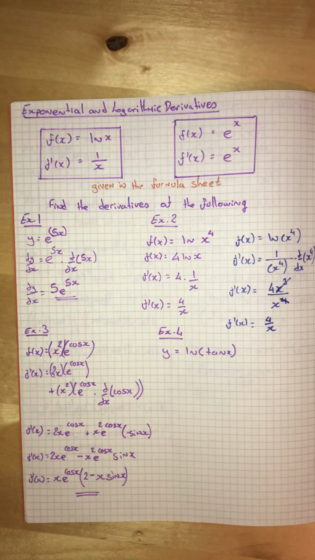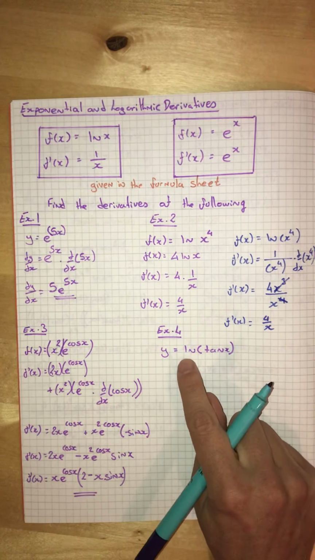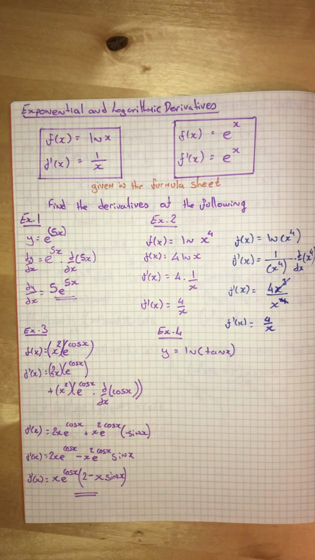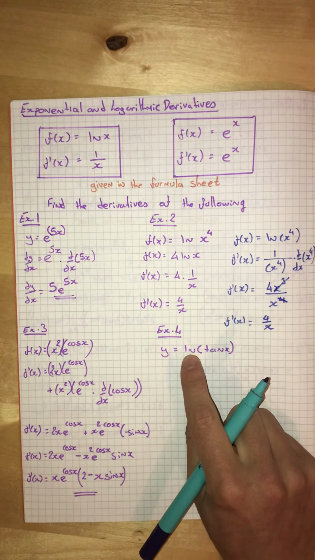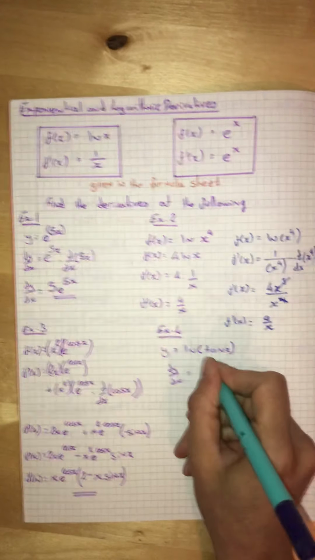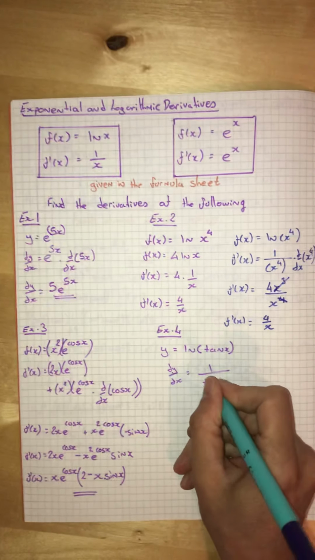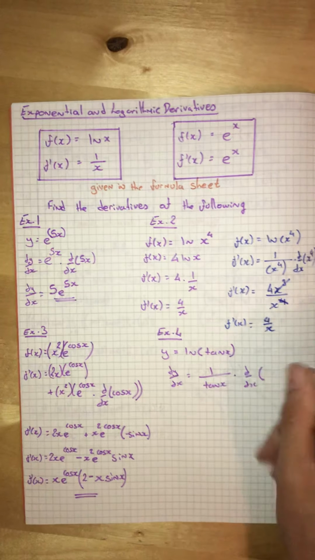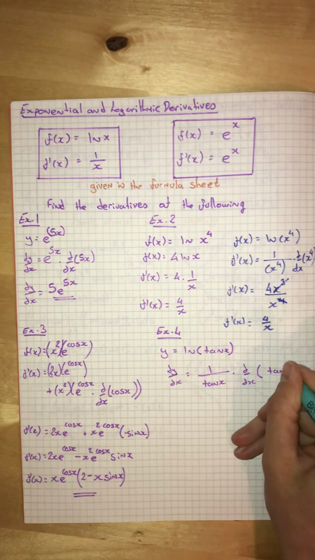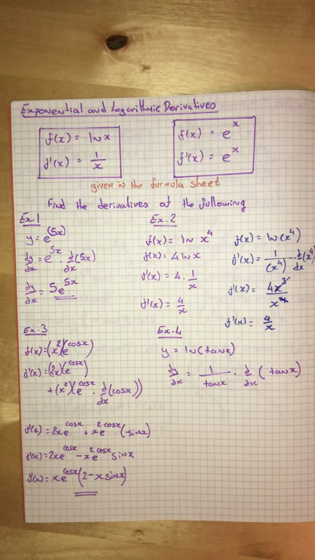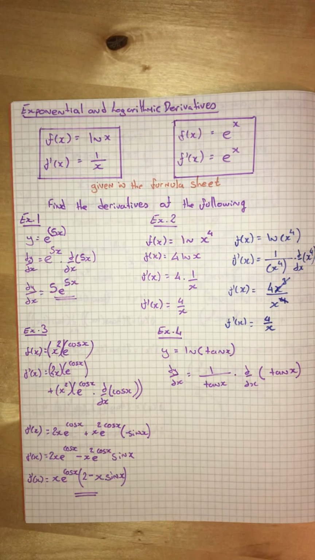Okay, last one, we're differentiating log of tan x. So again, we now know that the derivative of log x is just 1 over x. So this goes 1 over tan x times by the derivative of what's inside the brackets. And so then we need to do the derivative of tan x.